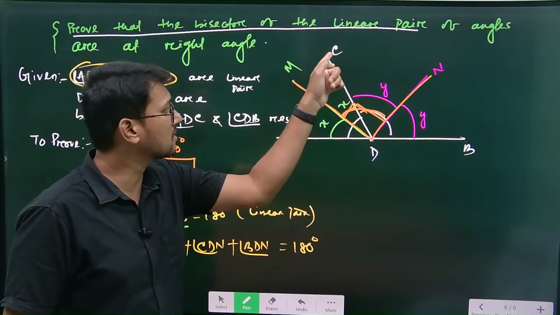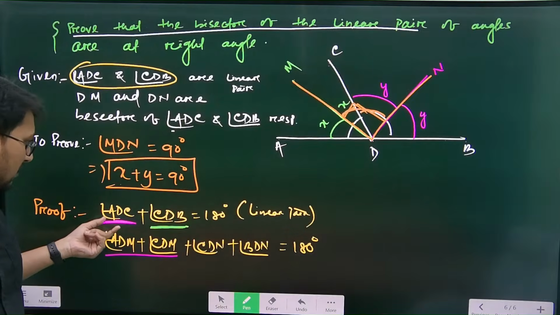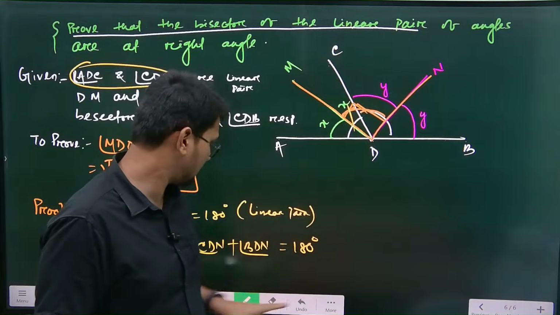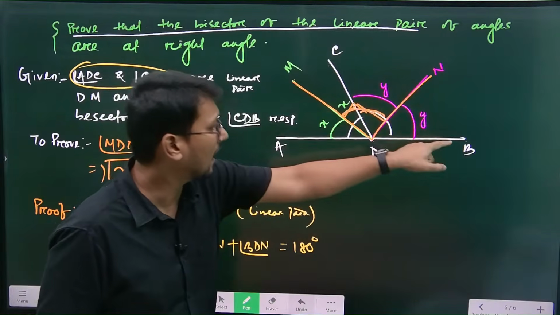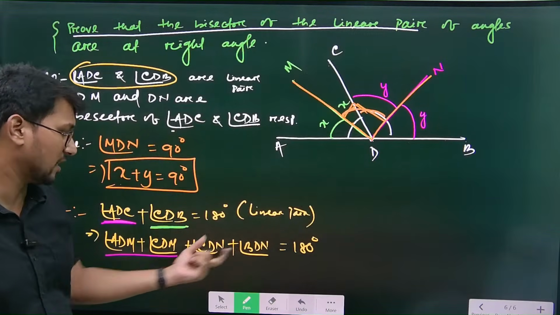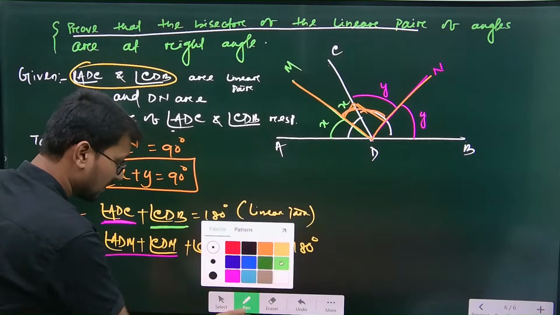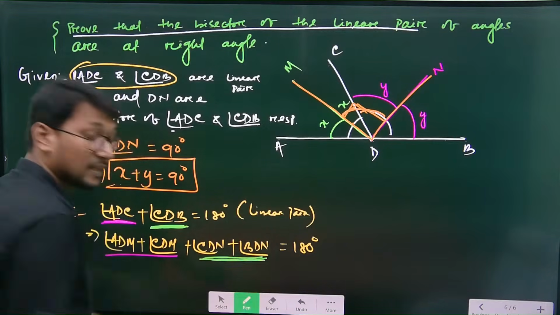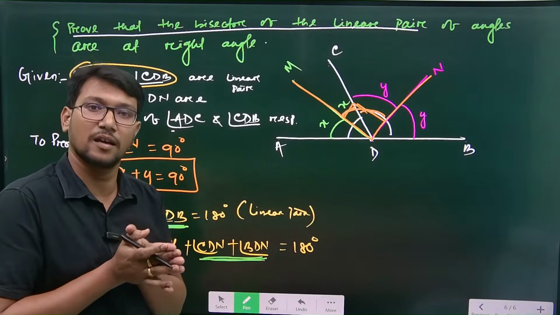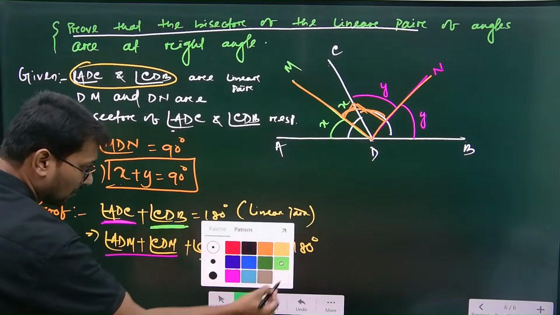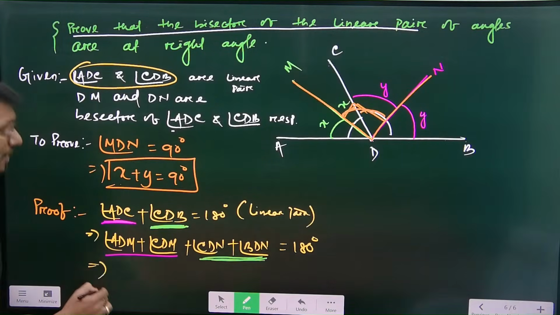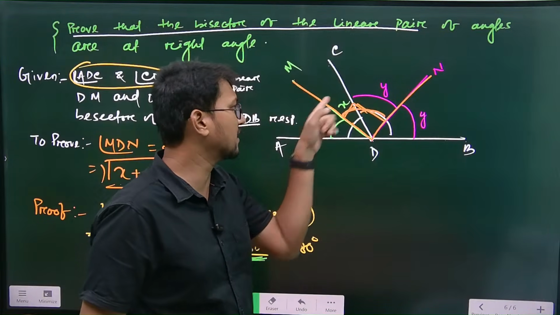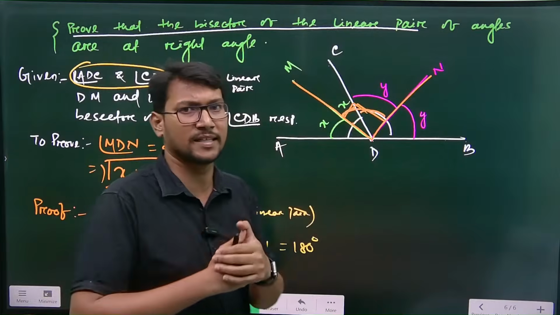ADM plus CDM, which is ADC. CDB is what? CDN and BDN, I have written CDN, BDN. Okay, this one is split into its bisected angles. Clear, everyone? Now check, what is the value of ADM? x we have assumed, so this is x, this is also x, because these two are equal, bisected.